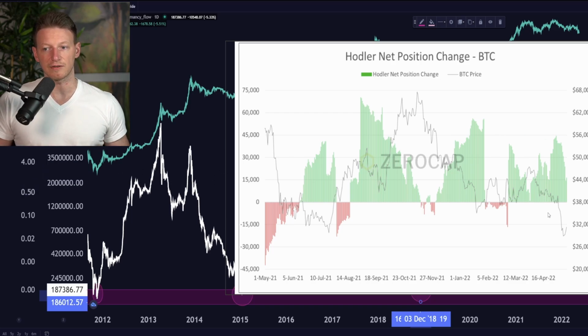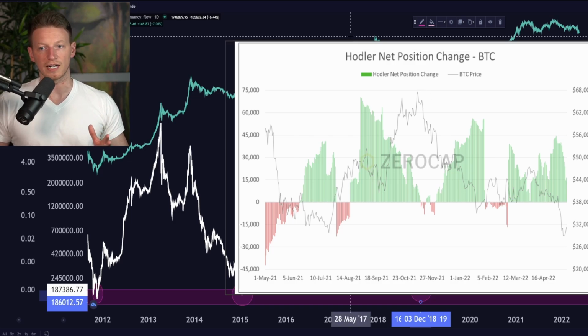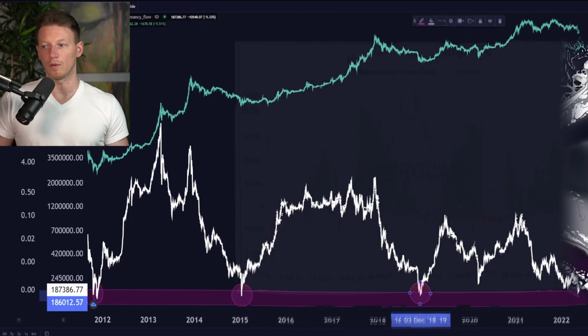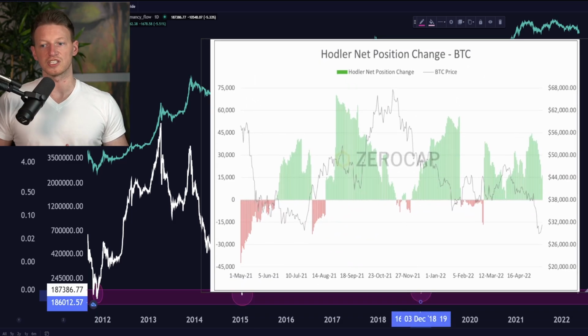So nothing I'm saying right now is saying the market's going to turn around this month. But what a metric like this shows us is a long-term prognostic factor for the asset. What we see is that longer-term holders are continuing to acquire the asset. They're continuing to believe in the asset. Even if the price goes lower from here, they believe in the long-term picture of Bitcoin. And ultimately, I do too.